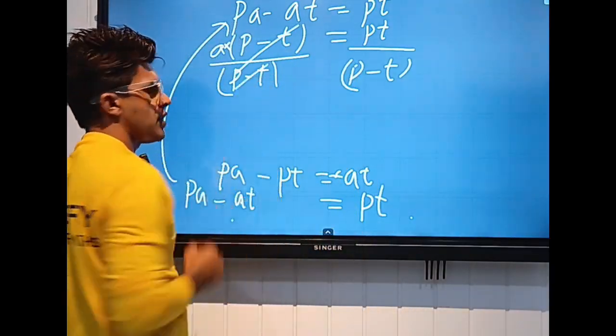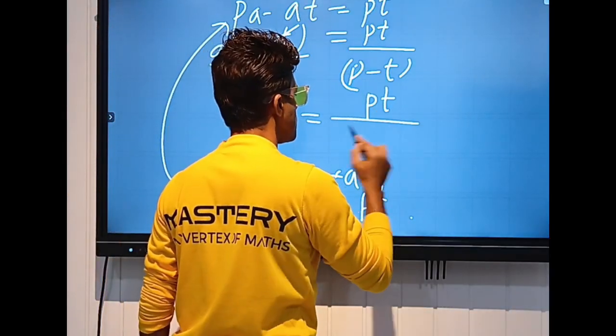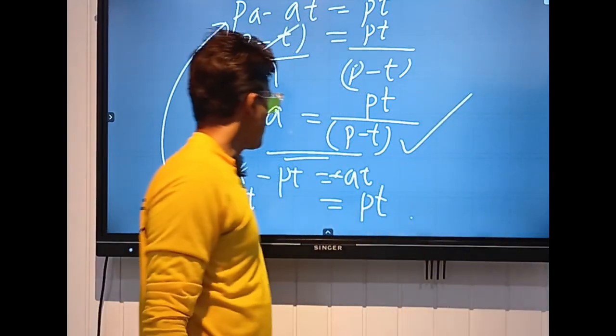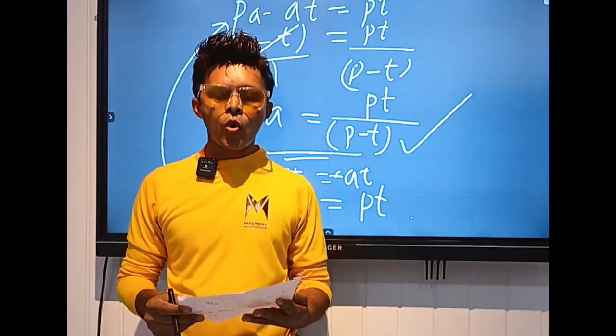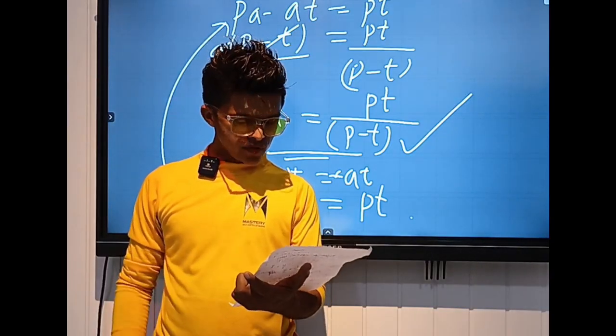Therefore, we simplify this P minus T and P minus T. A equals PT over P minus T. We've written right now the term A as the subject. These last two questions, most probably you should know so as to get more than 95 marks for this segment.